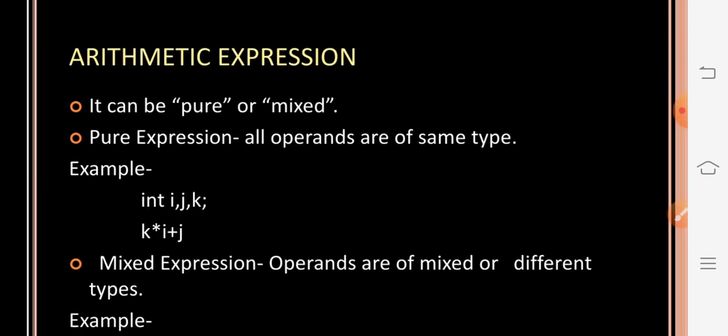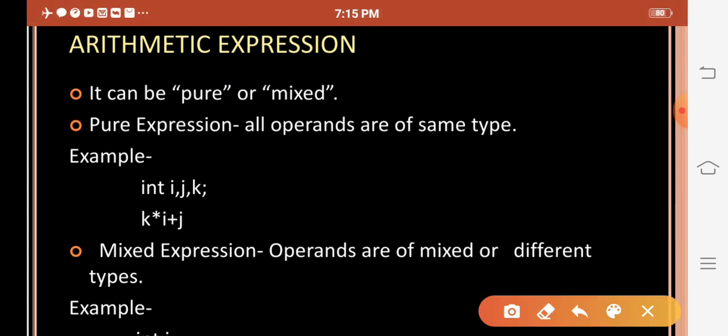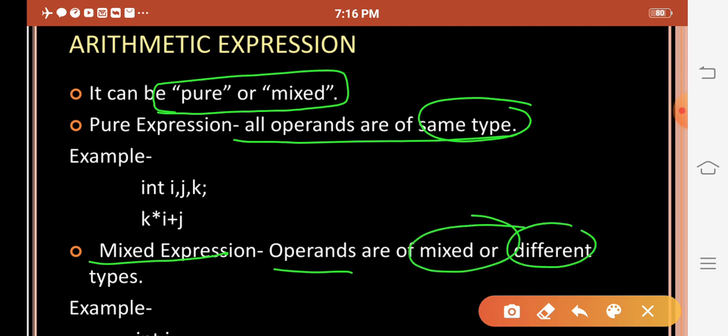So here is your arithmetic expression. Now it can be pure or mixed. What do you mean by pure expression and mixed? A pure expression is one in which all the operands are of the same type, and a mixed expression is one in which operands are of mixed or different types.